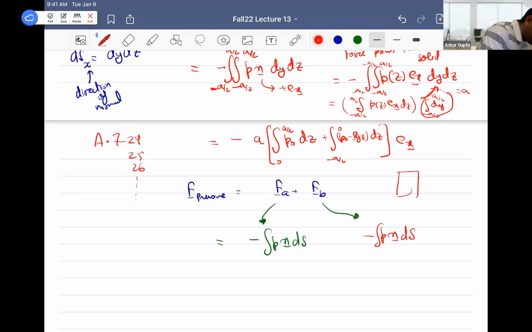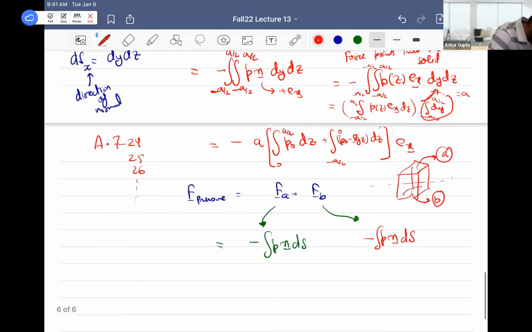Let me quickly sketch this out as well. A face is this one, B face is the bottom one. With axes XYZ, what is the normal direction for the A face?